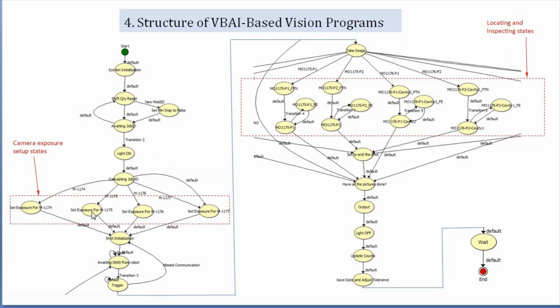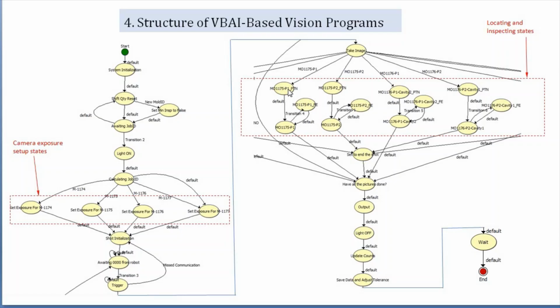Then it will assign camera exposures based on the job, and then the vision system will be waiting for the camera trigger signal from the robot. Once it receives the triggering signal, it will take an image, and then this portion is for locating and inspection.